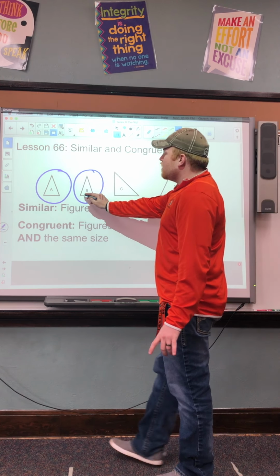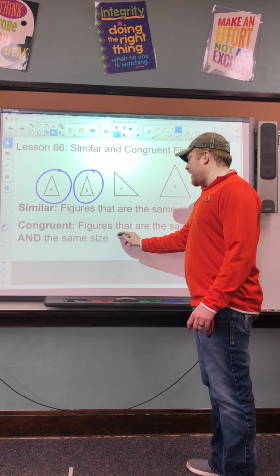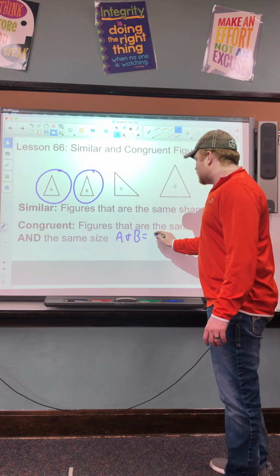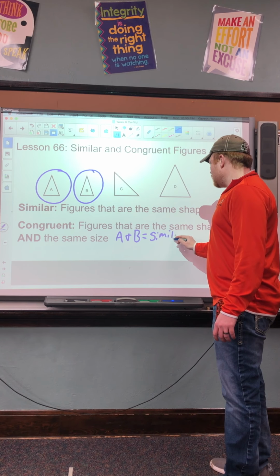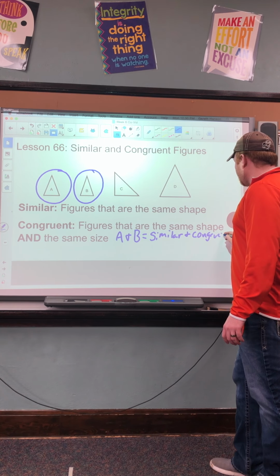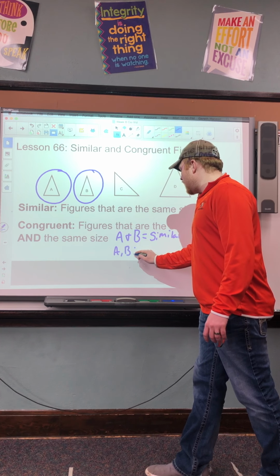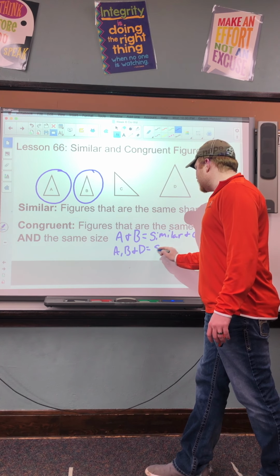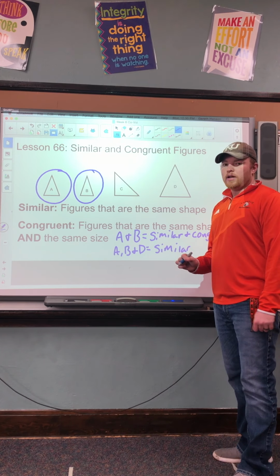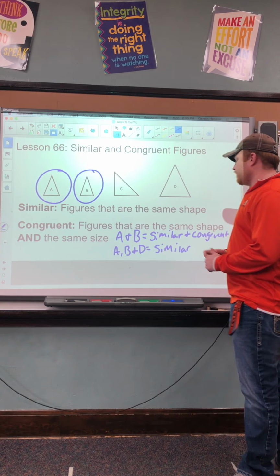So A and B would be similar and congruent triangles. And then you could say A, B, and D are just similar because they're the same shape. It's just that D is a different size.